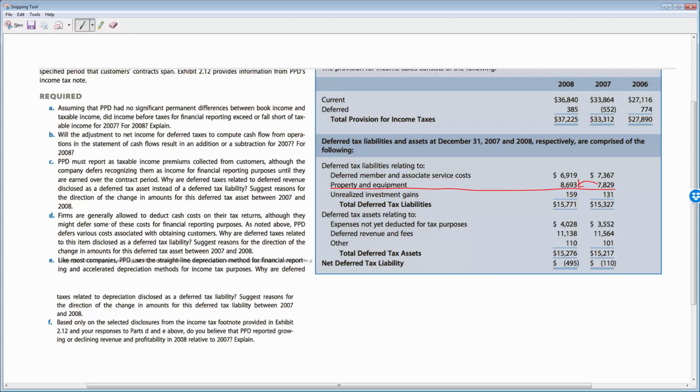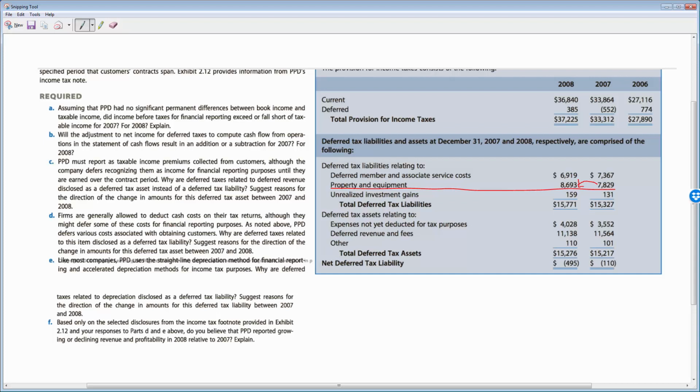For question D, this is another difference between tax reporting and financial reporting. Tax reporting allows companies to deduct cash costs. Okay? But in the financial reporting, the cost will be expensed later on, not immediately when the company pays for the costs.